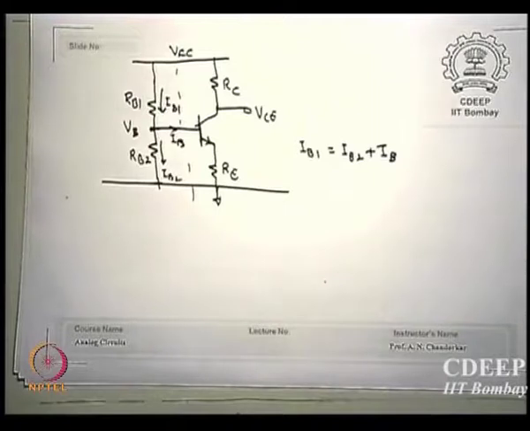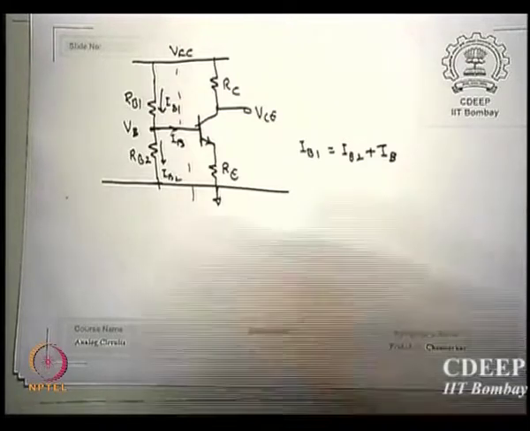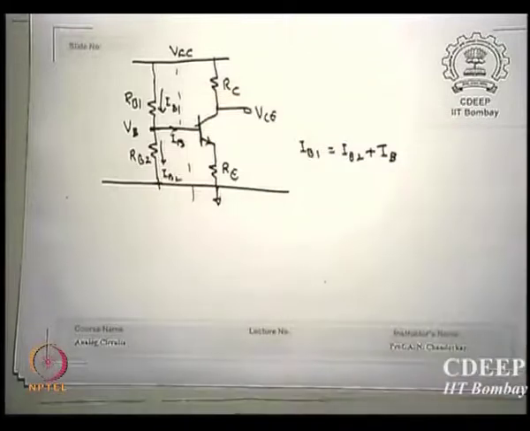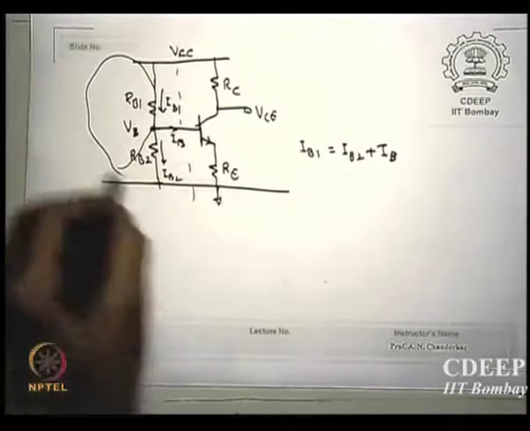Yes, I agree with you, the way it is, we are applying the Thevenin's point at this node. So a loop as if is only on this side, is that correct? The mesh is essentially on this side.